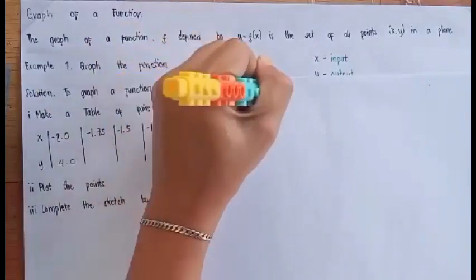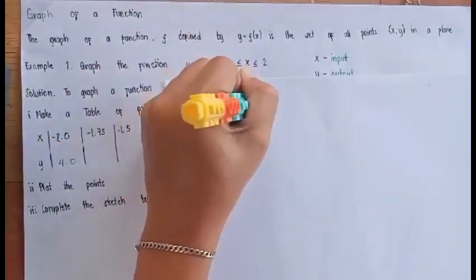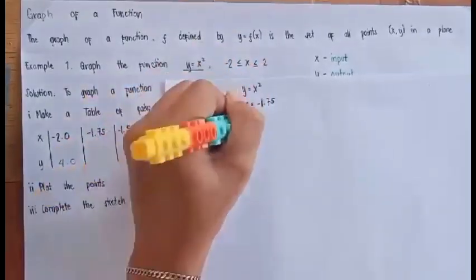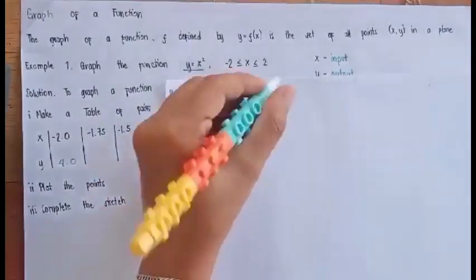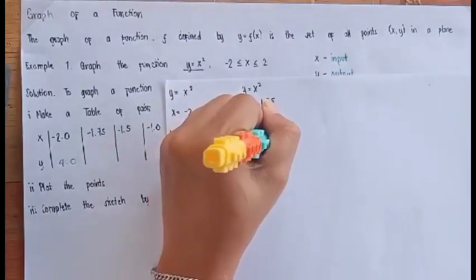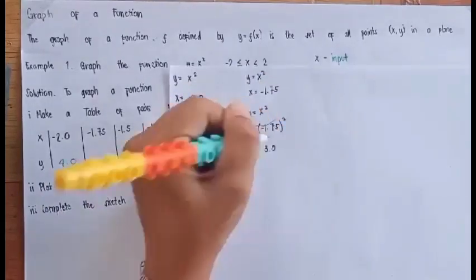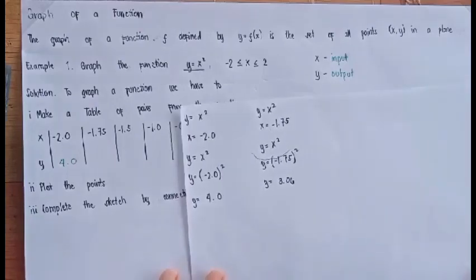Next is negative 1.75. So our x is negative 1.75. Then we will just substitute it to the given problem, and then the answer is 3.06.